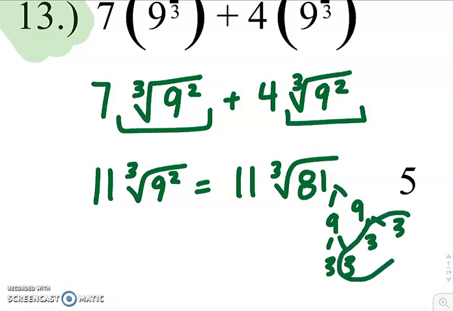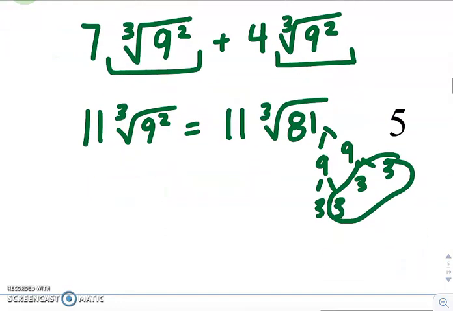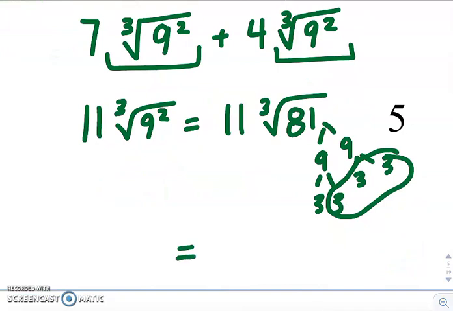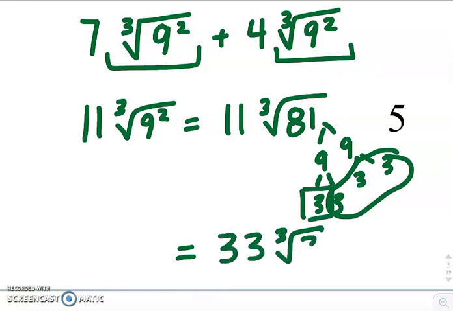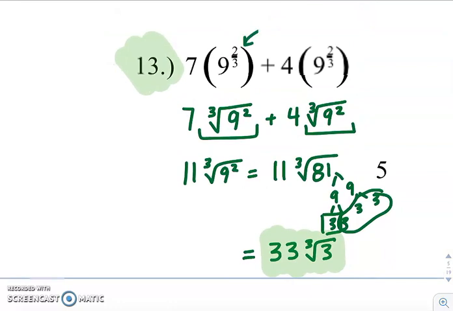It's 27 times 3. So the final answer would actually be 11 times 3 on the outside, and cubed root of 3 left. But we don't want to leave our answer with a negative exponent or a fraction exponent.